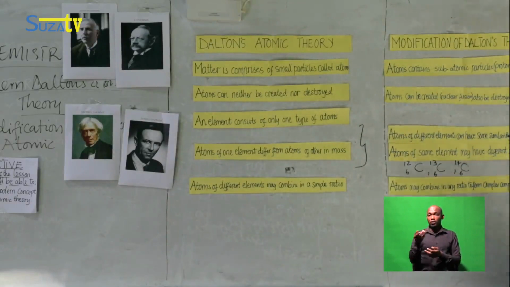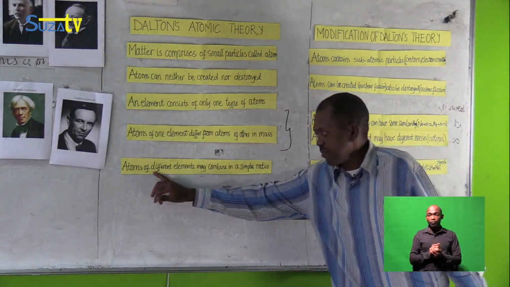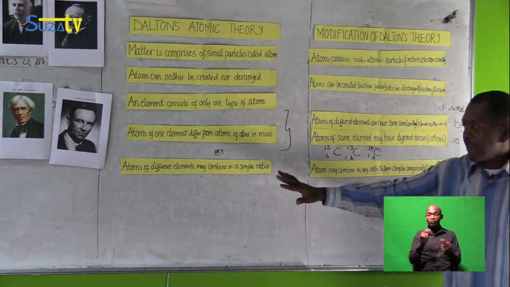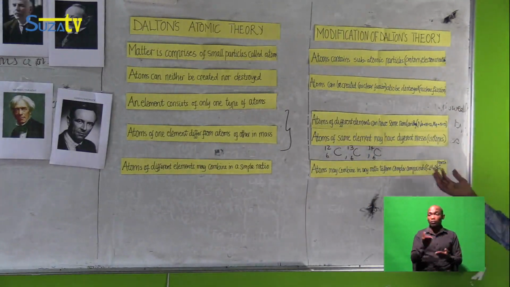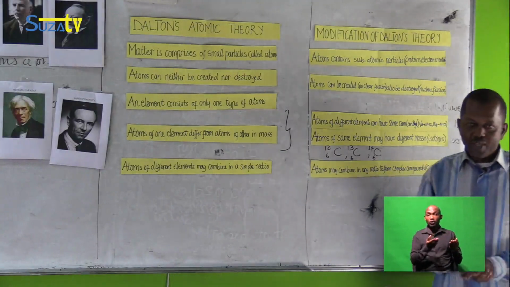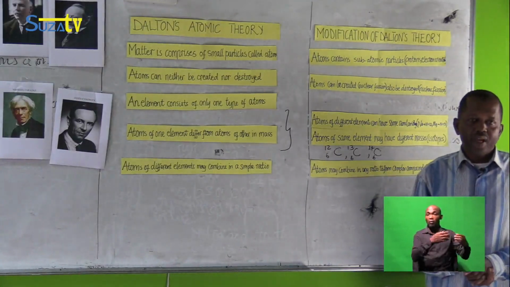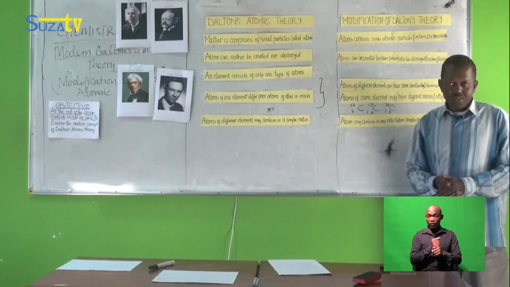The statement says atoms may combine in any ratio. This one says atoms of different elements may combine in a simple ratio. Here, in any ratio to form complex compounds. As you remember, in this postulate we gave the example of water, which contains 2 hydrogen atoms with 1 oxygen atom.